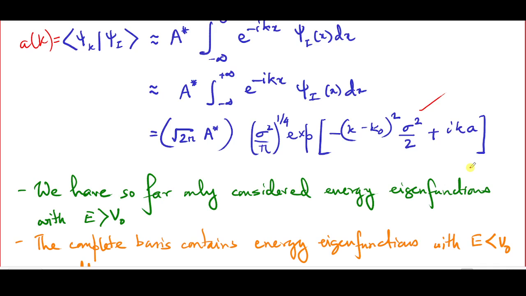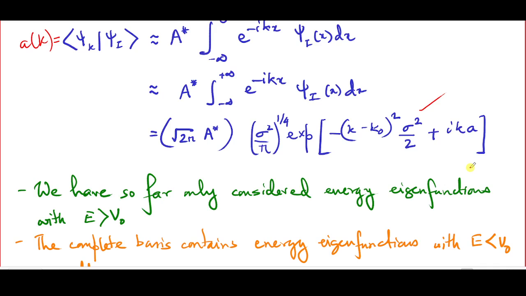What we have done so far is only consider energy eigenfunctions with energy E more than V0. We had not bothered to calculate the eigenfunctions with energy E less than V0, but such energy eigenfunctions are of course there. They do not contribute anything to transmission, again something we have learned in the first year course, but that doesn't mean that the wave functions are not there.